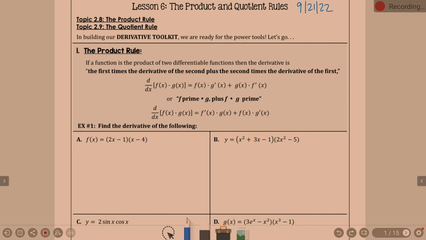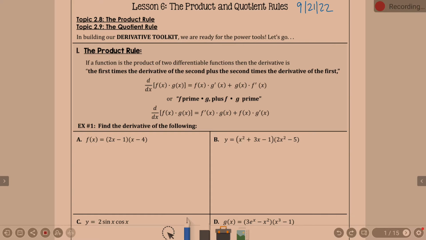In symbols, the derivative of f times g is f times the derivative of g plus g times the derivative of f. Okay, and for product rule, it doesn't matter which order you do that in, right? Or f prime times g plus f times g prime. And you will notice that that is kind of flip-flopped there. Here's the other version, right?